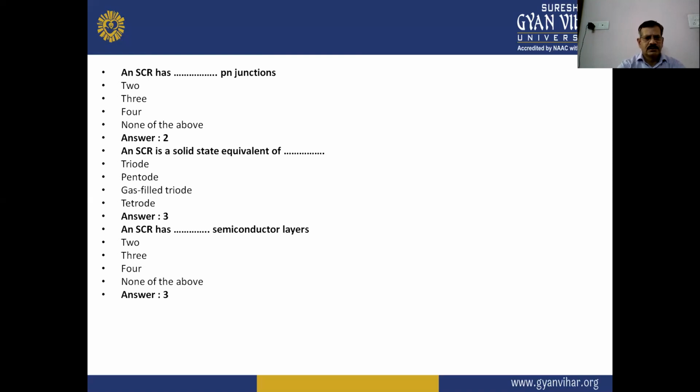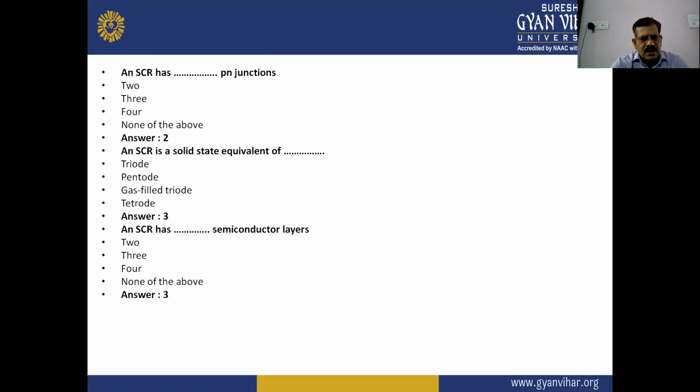Next question: an SCR has how many semiconductor layers? Option A 2 layers, option second 3 layers, option third 4 layers, option fourth none of the above.